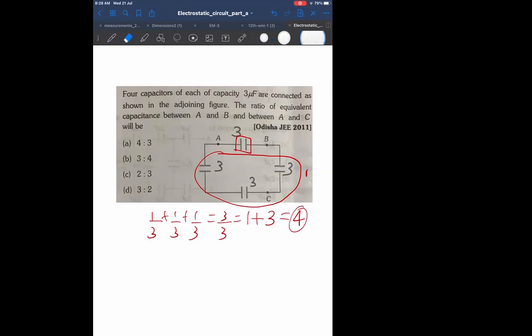Correct, Raju? Yes, sir. Everyone please listen: the three capacitors are in series, the combination is in parallel with the one, so 1 plus 3 gives the answer 4.